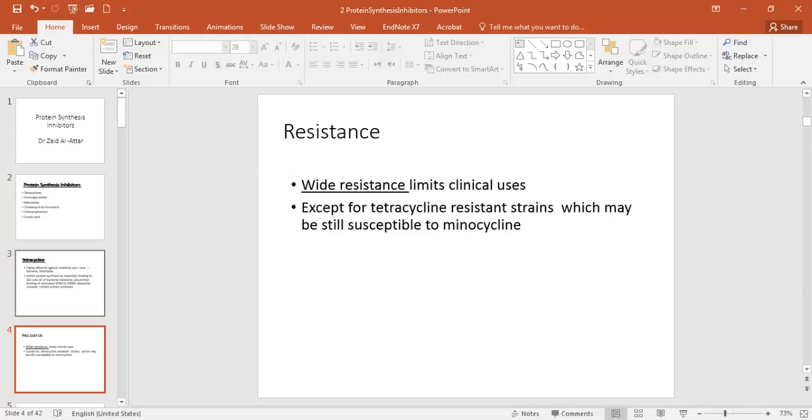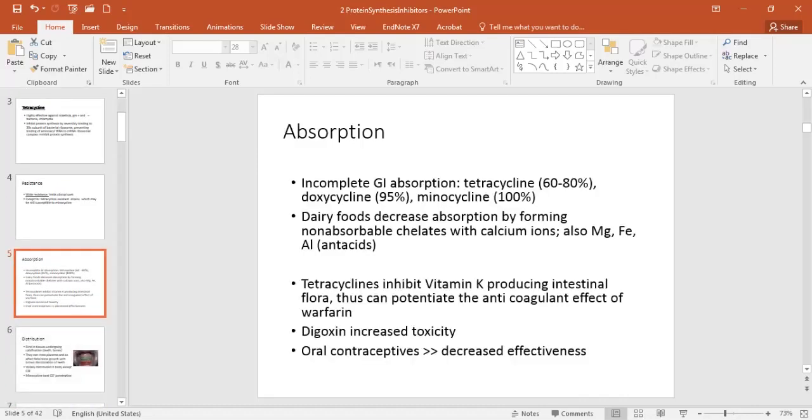Tetracycline-resistant strains are usually susceptible to minocycline, which is very closely related to tetracycline. The absorption from the GIT is incomplete. Tetracycline is about 60 to 80%, while doxycycline is 95% and minocycline is 100%.